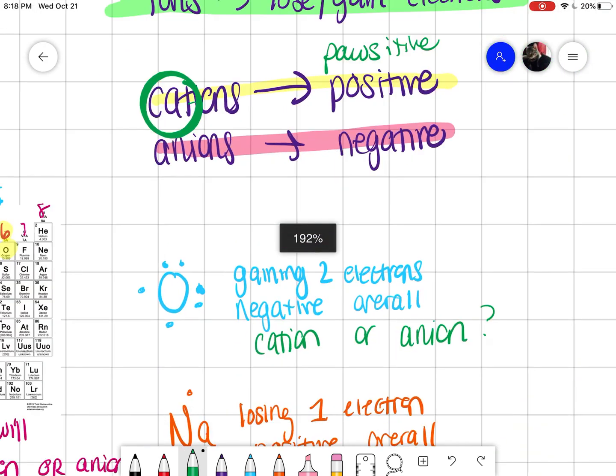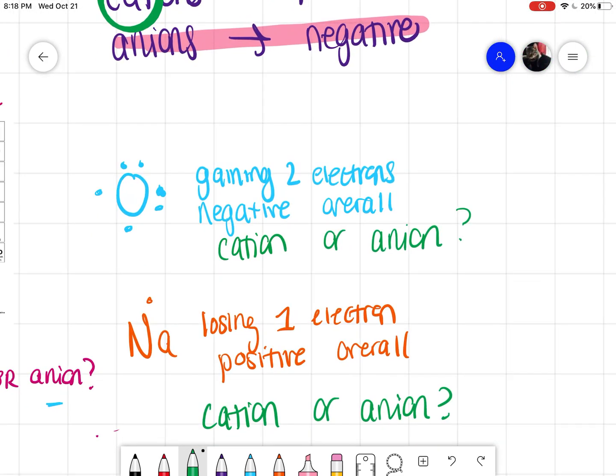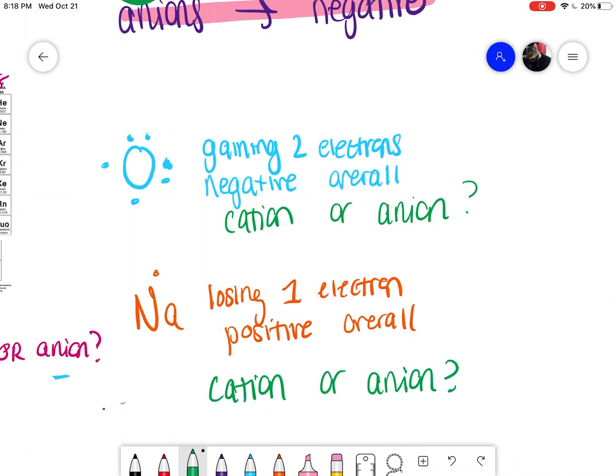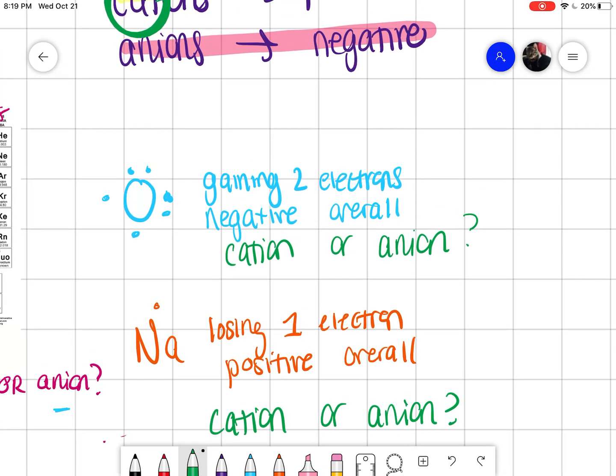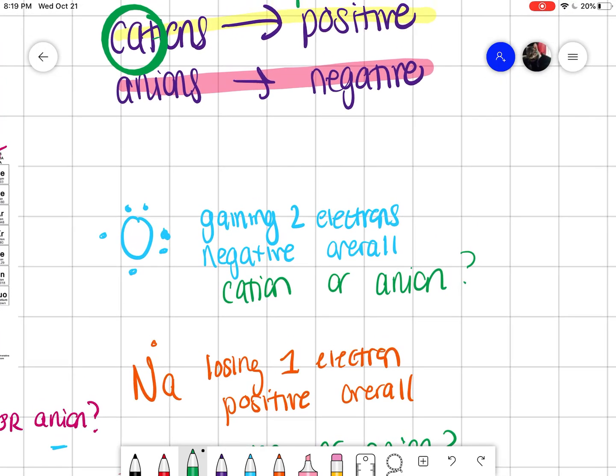Looking back at our two examples, we said the oxygen has 6 valence electrons, so it's gaining 2 valence electrons to get to 8. It's negative overall, so we need to decide whether it's a cation or an anion.